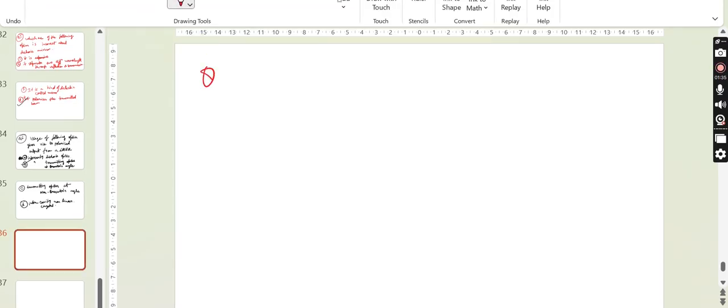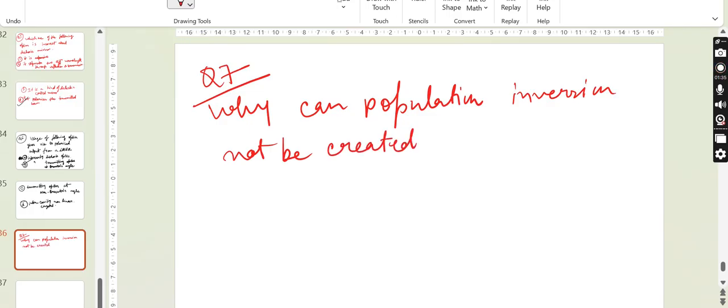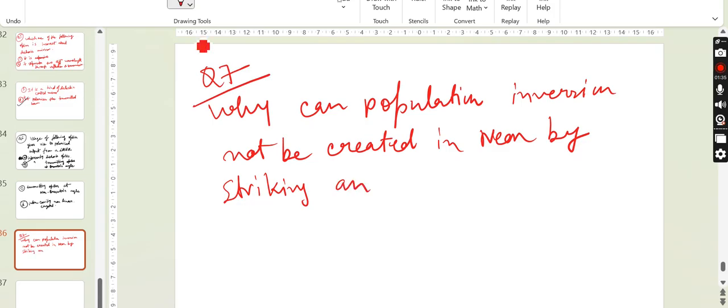Question number 7. Why can population inversion not be created in neon by striking an electric discharge only in the gas?